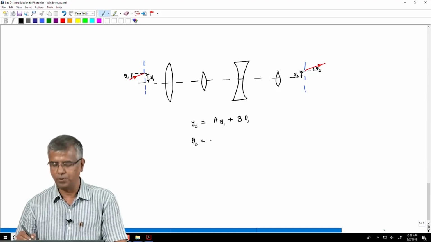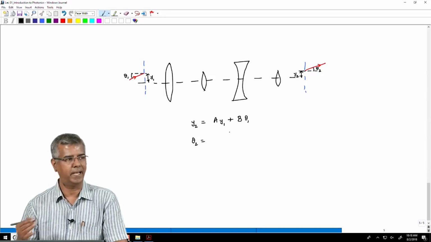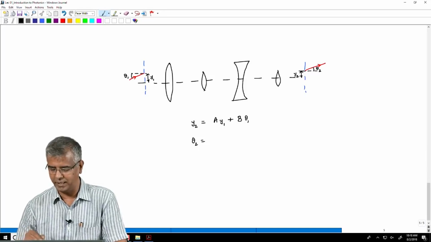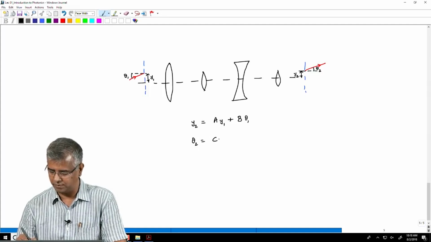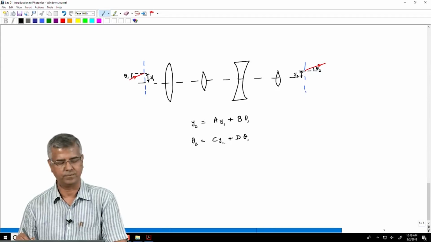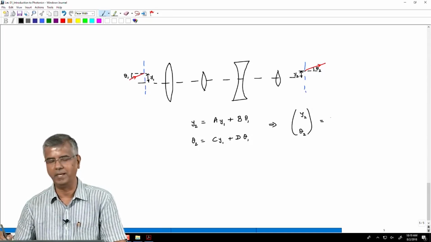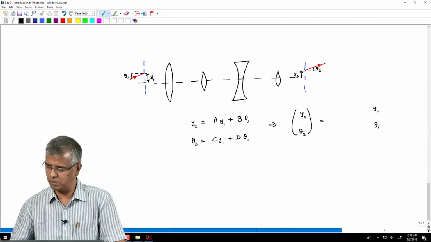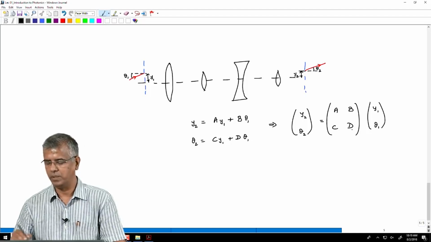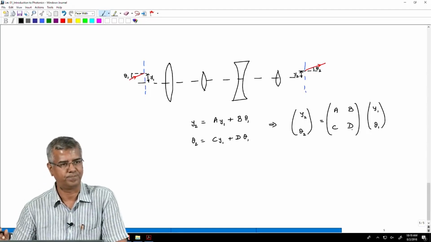Similarly, if you want to find theta 2, that again has a linear dependence on how it is coming in. So, you have c times y1 plus d times theta 1, okay, to the point that you can write this in matrix form. y2, theta 2 is what you want to find out, y1, theta 1 is the input, and then you have this matrix ABCD which defines this optical system.